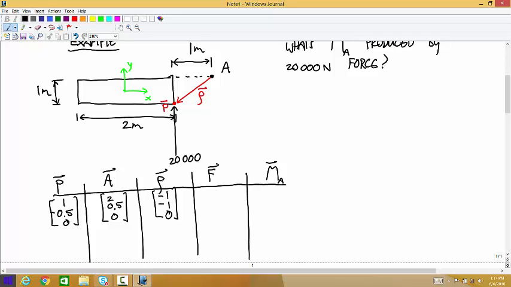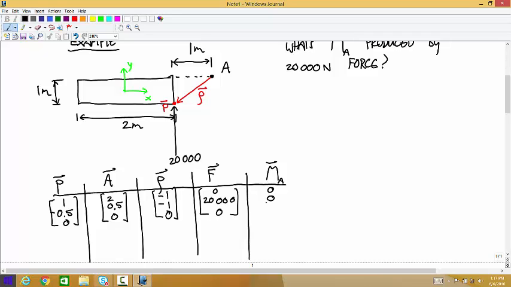Then the force vector, what are the components of this 20,000 Newton force? 0, 25. Yep. And then 0. And now the cross product. If you take that cross product, you get zeros for x and y.